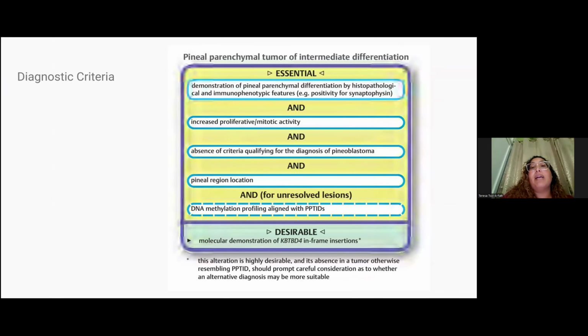There must be absence of criteria qualifying the diagnosis of a pineoblastoma. They must be located within the pineal region, and DNA methylation profiling should align with these tumors. There should also be molecular demonstration of the KBTBD4 in frame insertion, which is highly desirable for these tumors to meet the criteria.